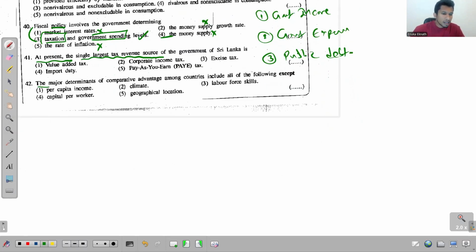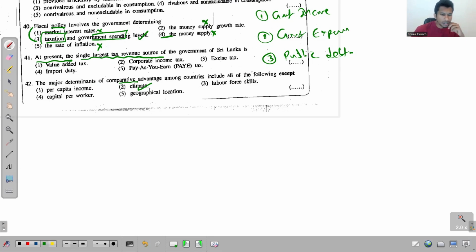Question 42. The major determinants of comparative advantage among countries include all of the following except one, and you just need to find that one. Climate is based on the location of that country. So the country's geographical location is one reason for having comparative advantage.